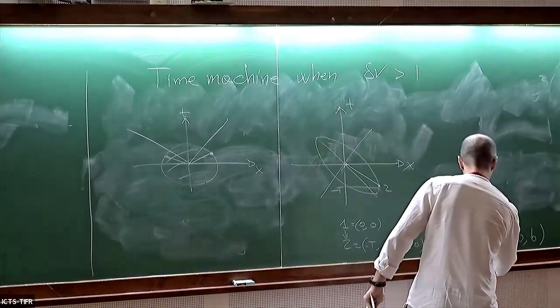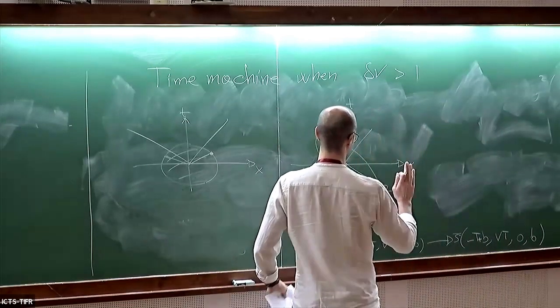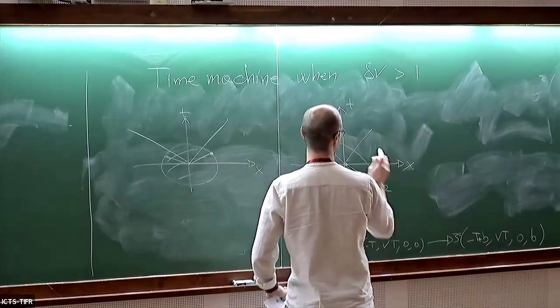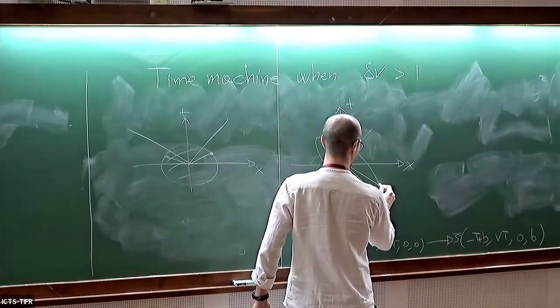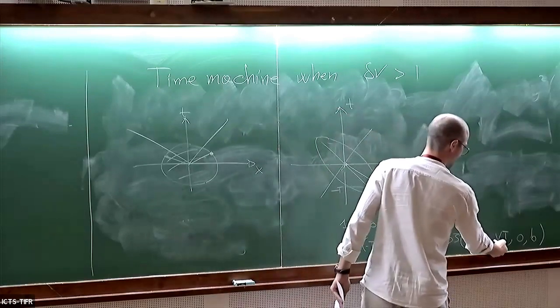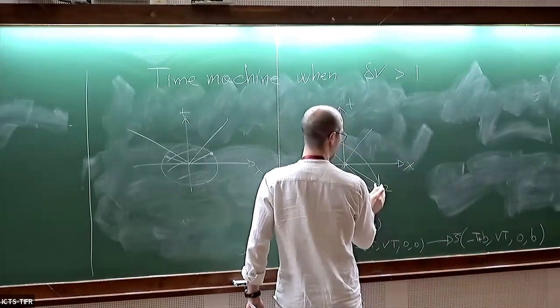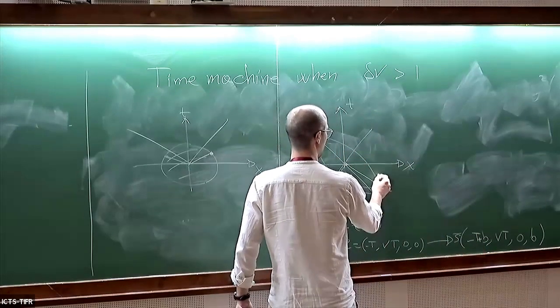Point 3 has time minus t plus b. Projected on this plane, since you're traveling in the transverse direction, you are at rest in x, not changing, you're only moving in time. So projected on this plane, it looks like you're doing this, up to some point 3.